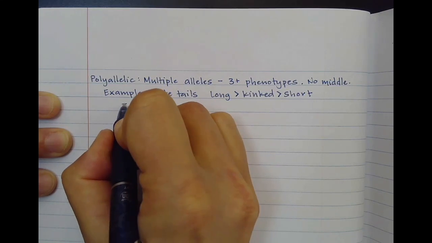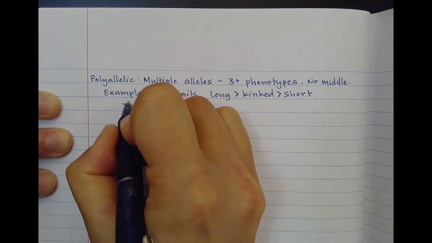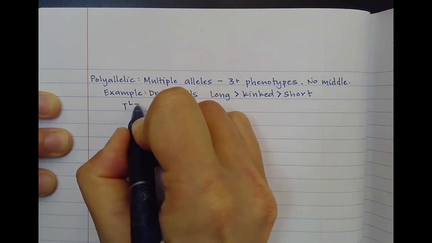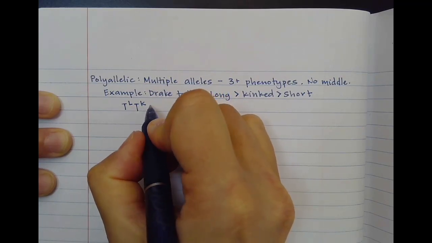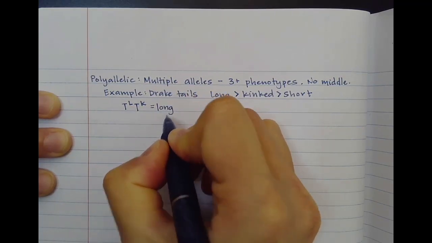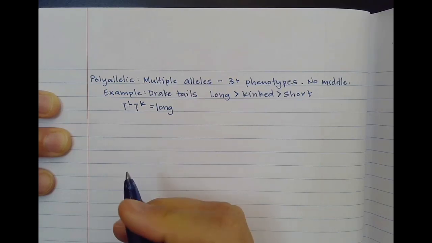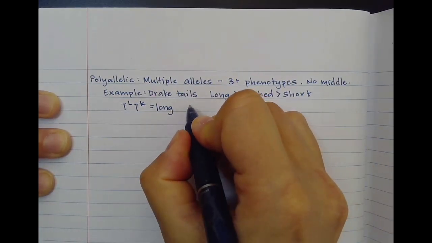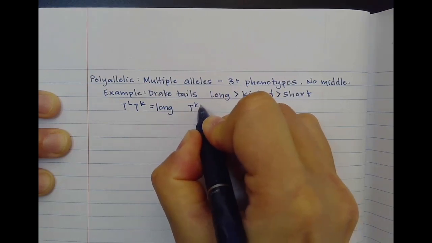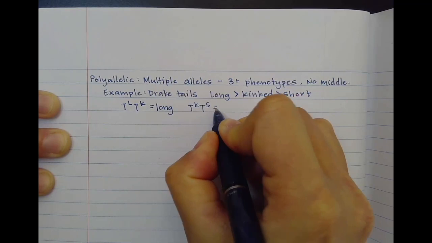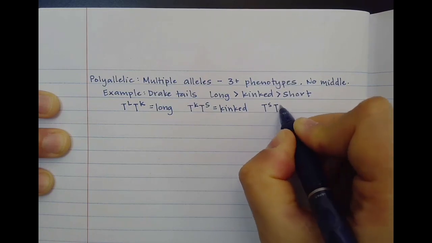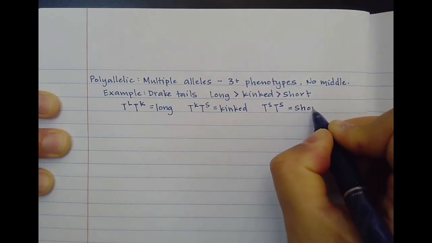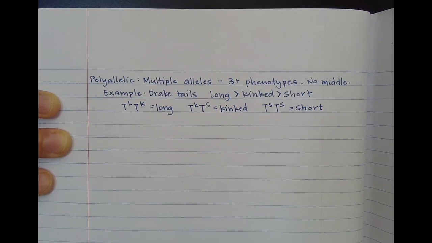I'm going to say that the tail gene can have a long allele, or the tail gene could have a kinked allele, and this would result in a long tail. If I had long, that would also be long. Now, if I have a tail with a kinked allele and a tail gene with a short allele, that's going to be kinked. And the only way to get a short tail is to have TS, 2 of the short tail alleles.